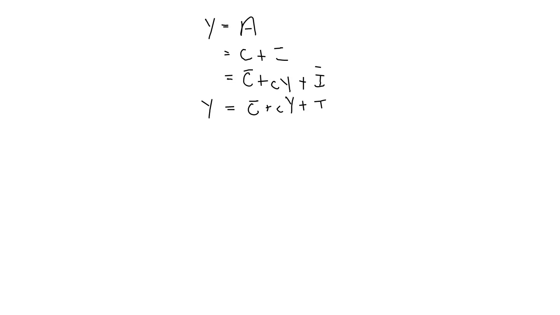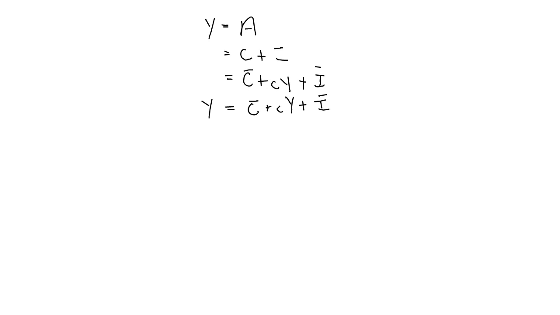So we start our equation as follows. Y is equal to A. But we realize that A is equal to C plus I. Now, what essentially happens here is that we need to make sure that we get Y isolated.